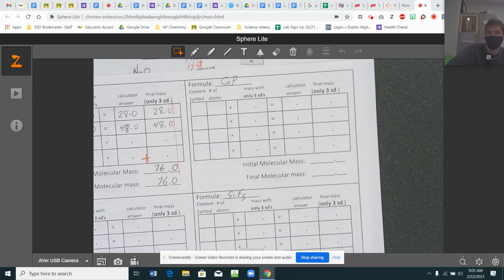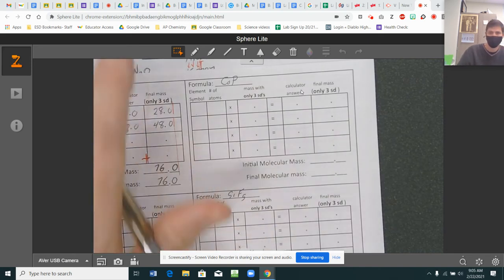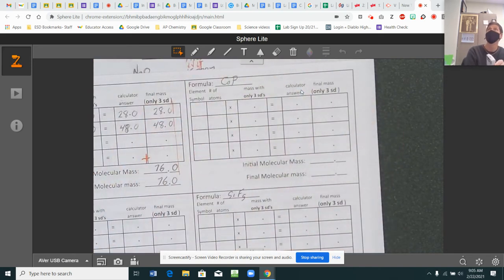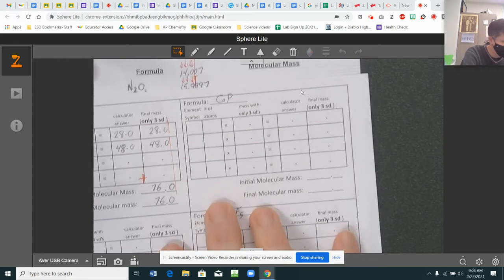Okay, and people at home, I can't figure out how to make it pause, so you just got to sit there and watch. Just fast forward through this. I'll figure it out eventually.